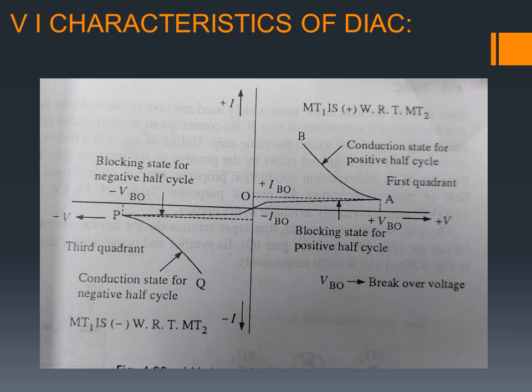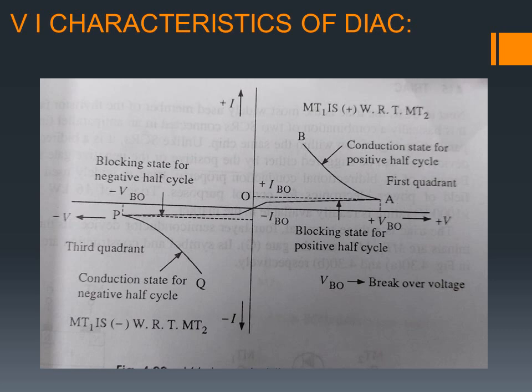The similar is the working of the diac during the negative half cycle of triggering. The characteristics obtained in the third quadrant will be same as that obtained in the first quadrant. Why? Because the doping level is the same at the two junctions of the diac. Once the diac starts conducting, the current flowing through it is very high.